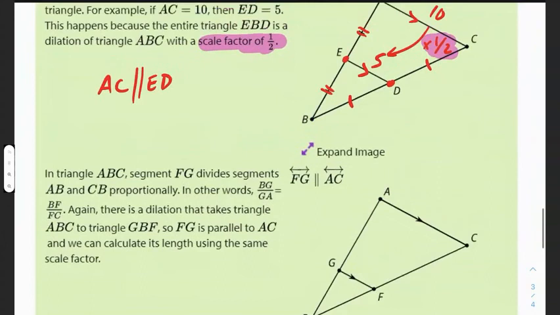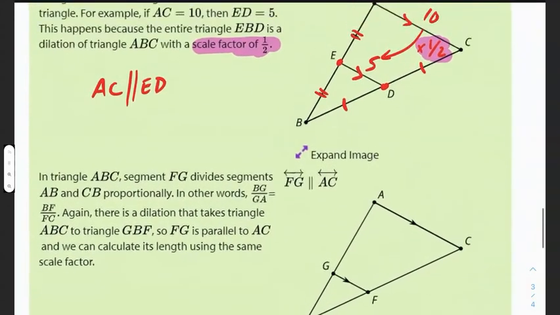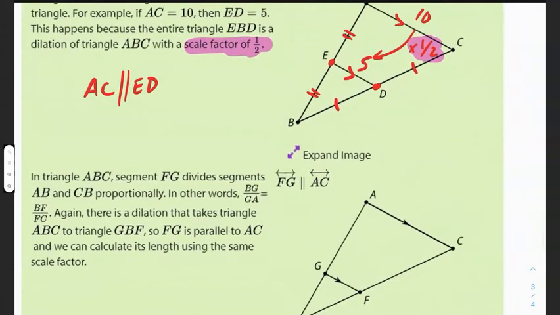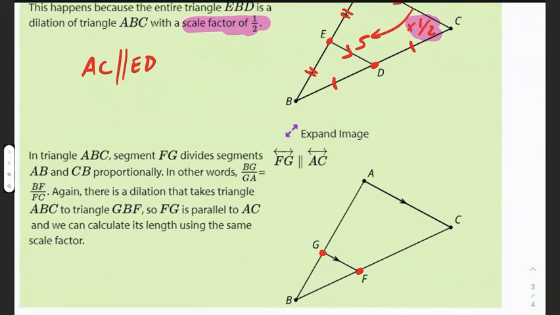Okay, so let's see. And the last little stage here is we have triangle ABC. Segment FG divides segments AB and CB proportionally. All right, so FG is right here. And they say it divides the segment AB. So AB is from here to here.